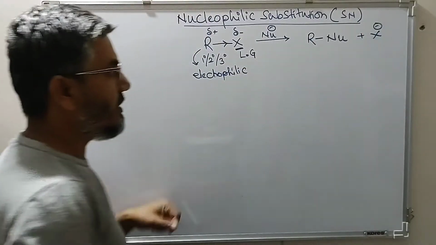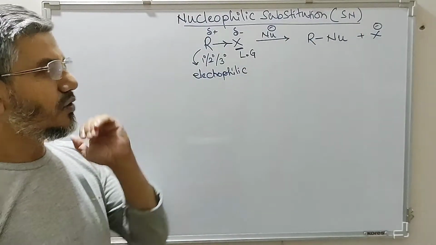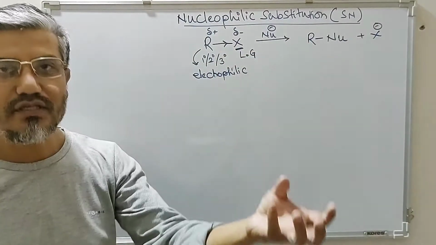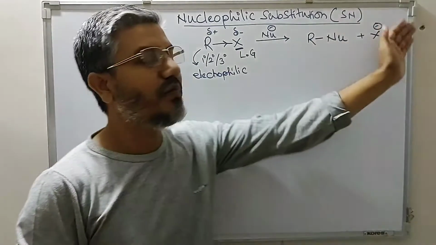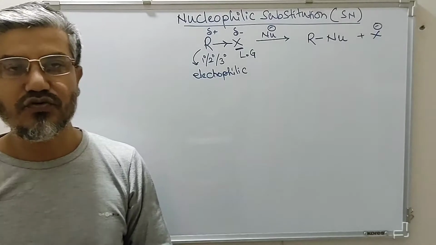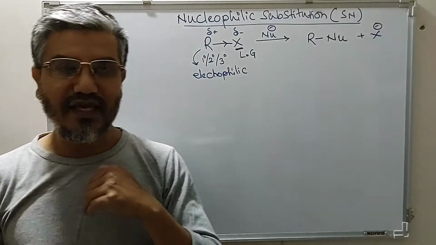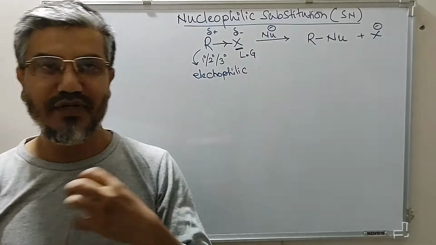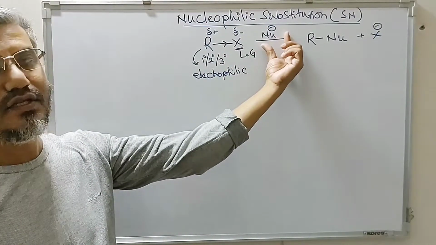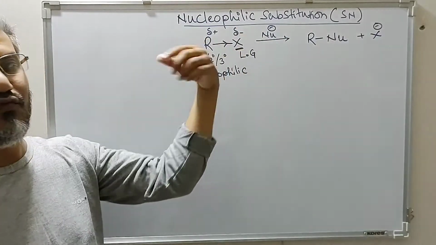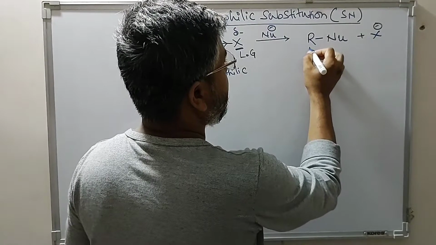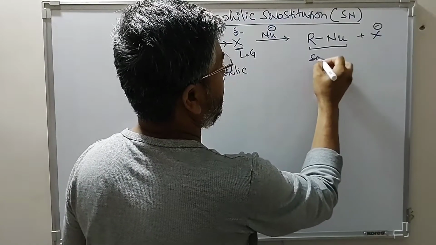So when we compare the nucleophilic character of Nu minus, the incipient nucleophile, and the leaving group X minus, this Nu minus must be a stronger nucleophile. That means a stronger group replaces a weaker group. So the stronger nucleophile Nu minus replaces a weaker nucleophile, and this is what we call the substituted product.